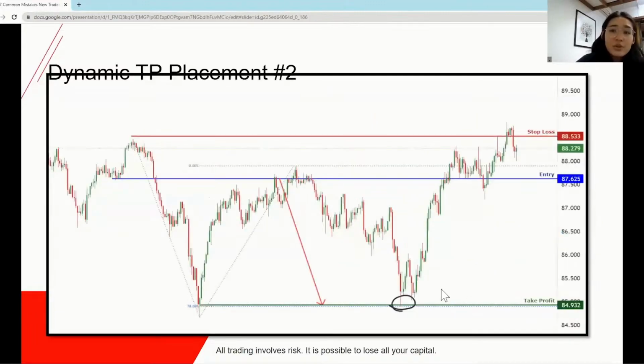That's why we always say that the take profit should be placed before any major area of support and resistance or Fibonacci confluence, because price is likely to just touch it and reverse off. You want to make sure that price really does touch your take profit before reversing off of it.